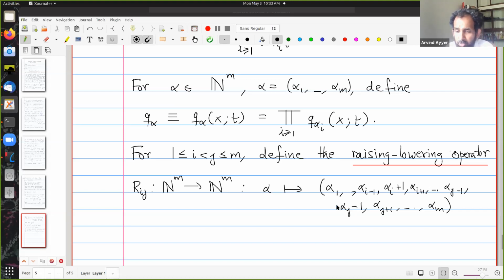Otherwise, it gives you 0. So if this alpha j were already 0, you would get 0.